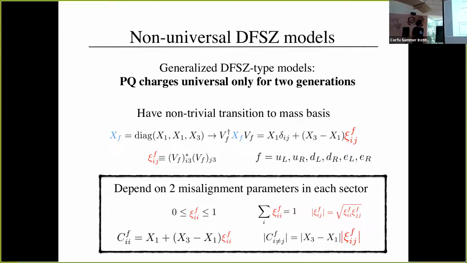So all of this we can parameterize by those rotations, which we call psi, and there are two kinds of misalignment angles that are constrained between 0 and 1. When they are 0 or 1, there is no flavor violation, but if at least two psi's are different from 0, we have flavor violation.